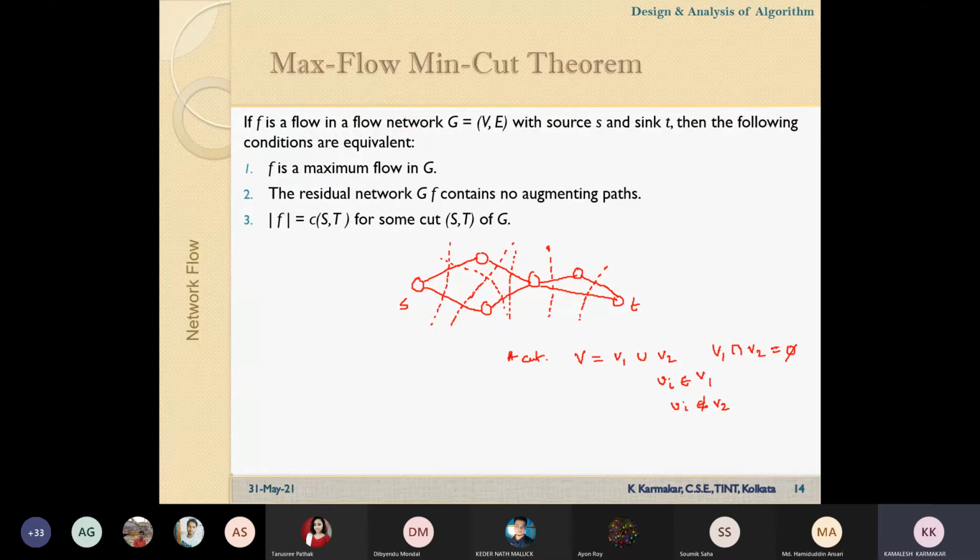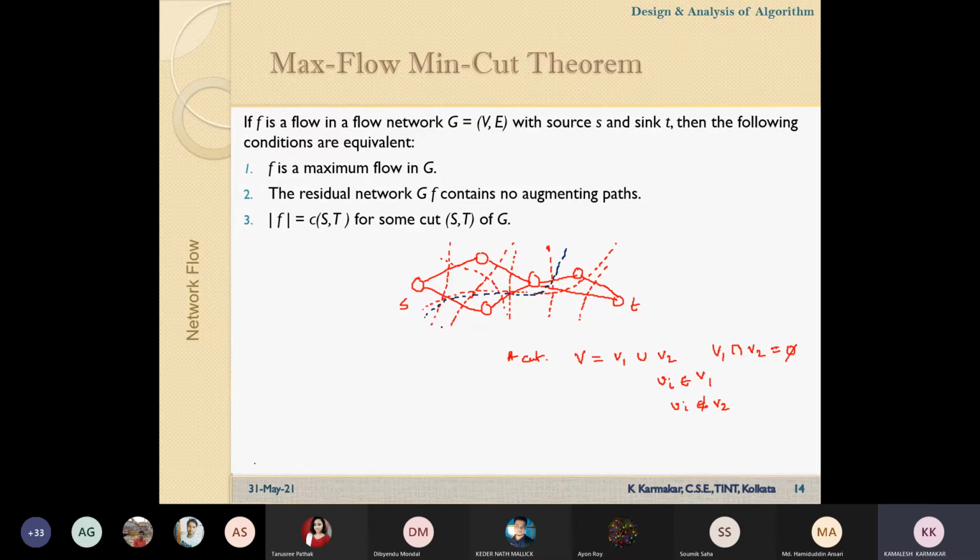Even if we want to cut the graph, we can cut it in this way. We can cut this graph in another way. To distinguish the overlapping, let me cut this graph in this way.